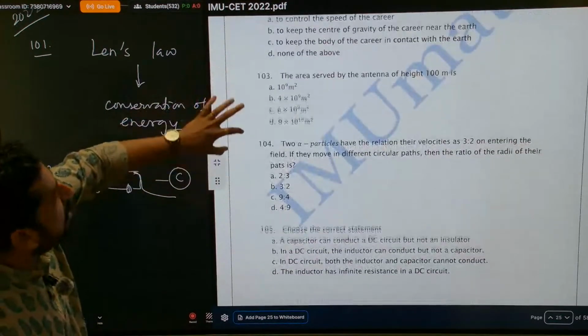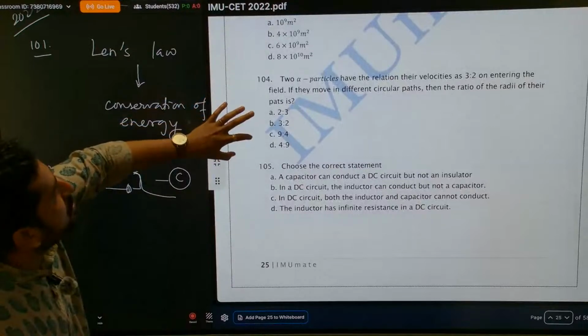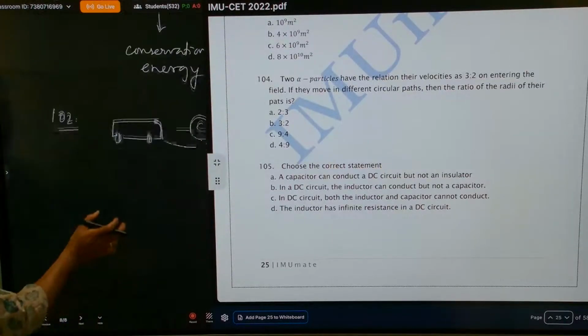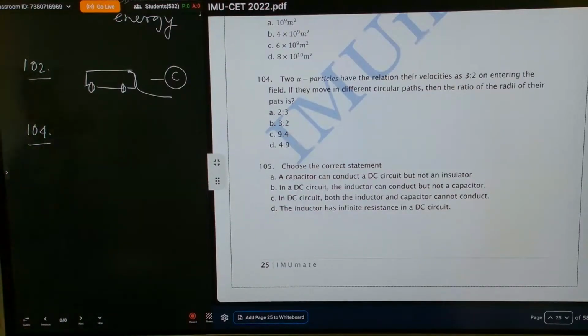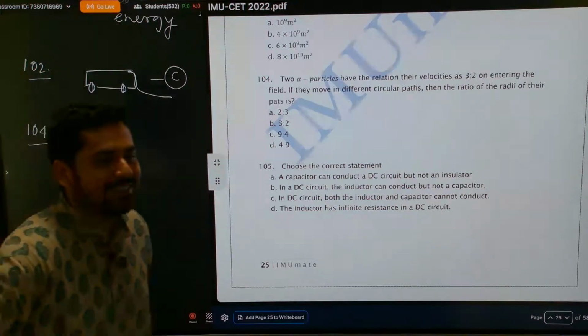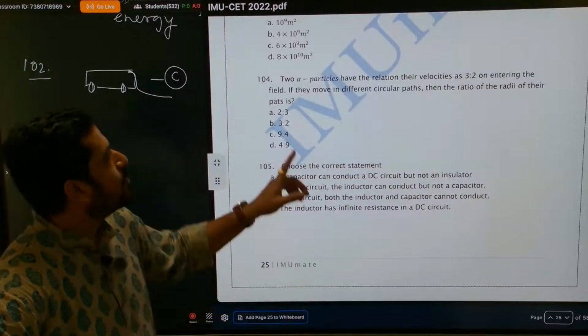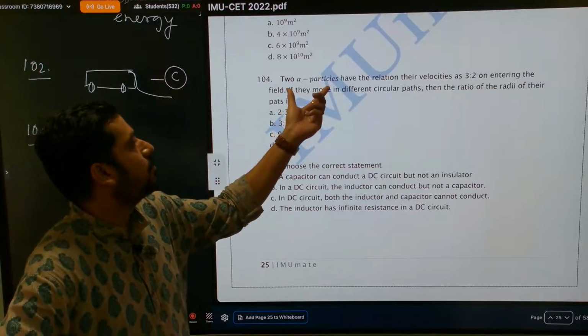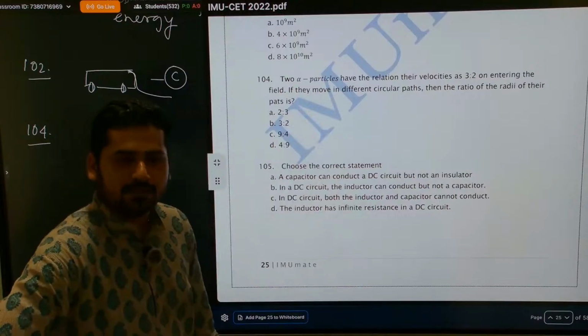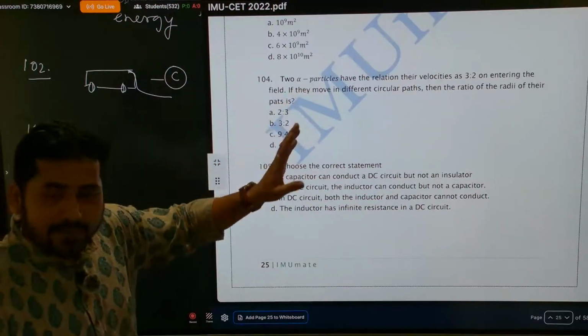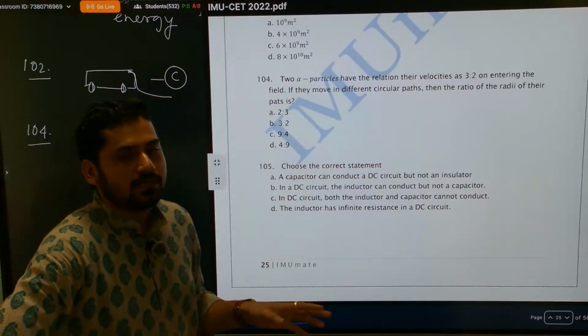Alpha particle entering in the field, different paths, ratio of the radii. Very good, 104. Let's start with 104. Two alpha particles have, no, this is not of modern physics. You just looked at alpha particles and thought that it is modern physics, but no. They have given alpha particle just to describe its charge and mass.